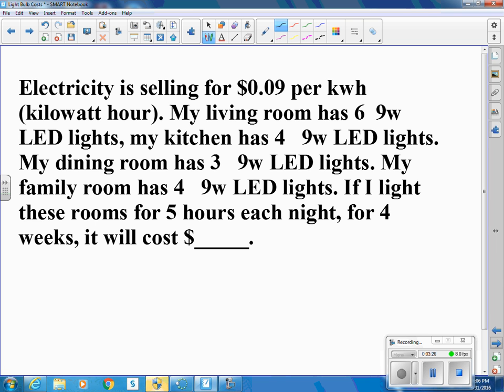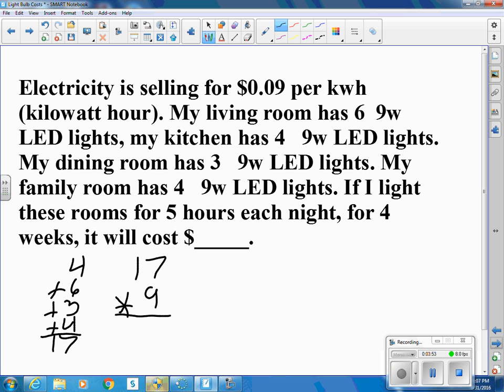So let's see, we have 4 plus 6 is 10, and then we have 3 plus 4 is 7. So altogether we will have 17 bulbs glowing, and each one of those burns at 9 watts.